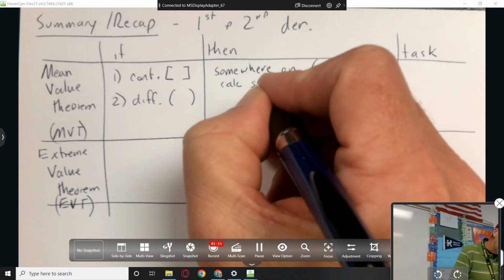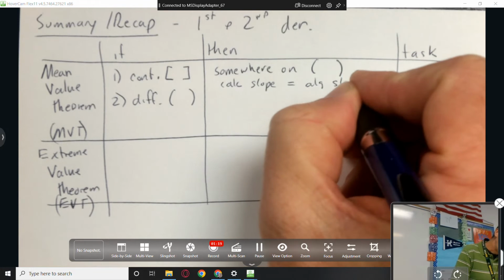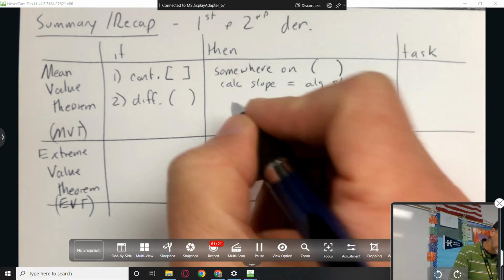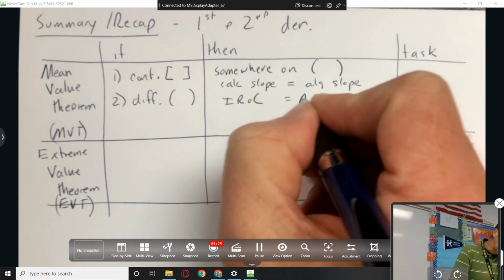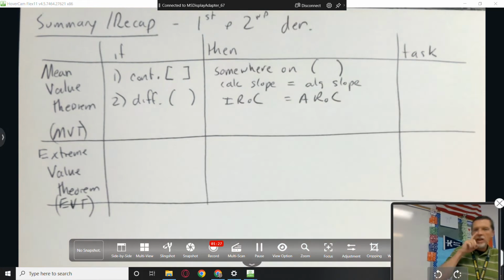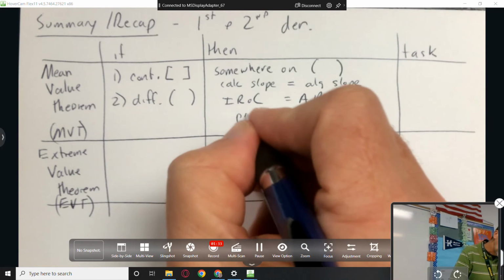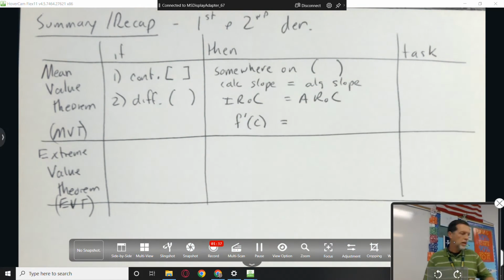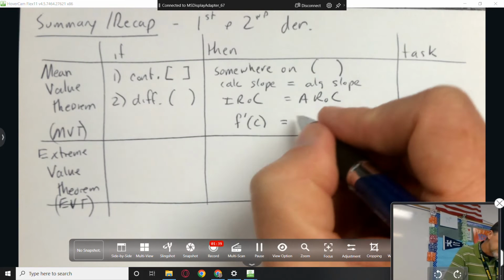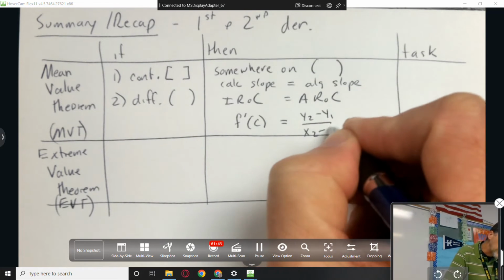Okay. Calculus slope equals algebra slope, which is the same thing as IROC equals AROC. We'll keep them on the same side there. So f prime at c equals good old algebra slope, y2 minus y1 over x2 minus x1.